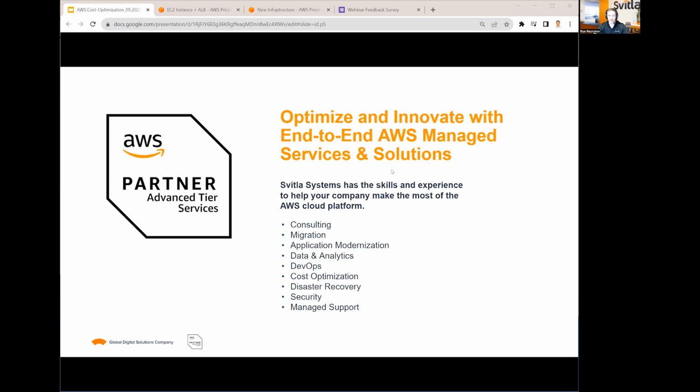It means that we have a lot of technical engineers who are trained, who are certified, who have proven experience working with customers on different kinds of projects such as consulting, migration, and more technical projects like implementing DevOps practices, implementing cost optimization, improving security, and other kinds of projects.